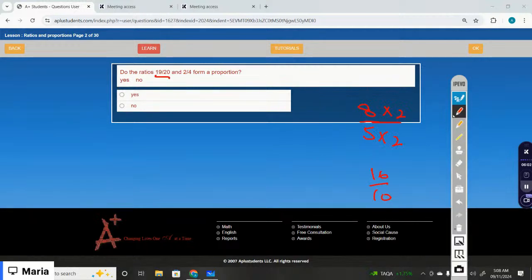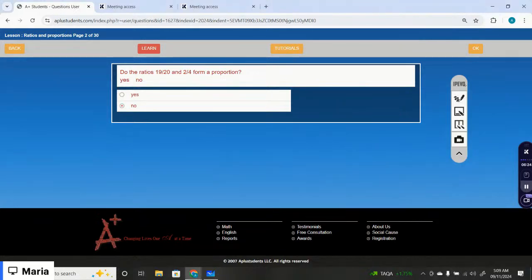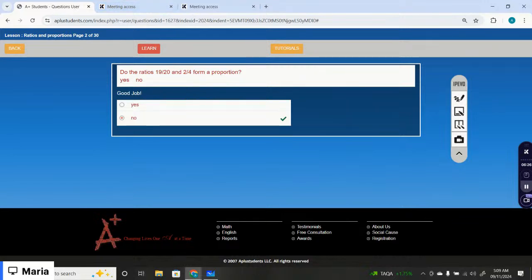That is 2 over 4. So 4 times 5 makes 20. Let's just multiply it by the 5. That is 10 over 20. So they are not same. So the correct option is no. Option number 2 is the correct option.